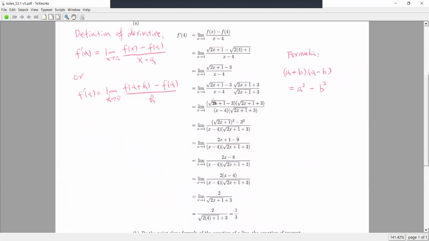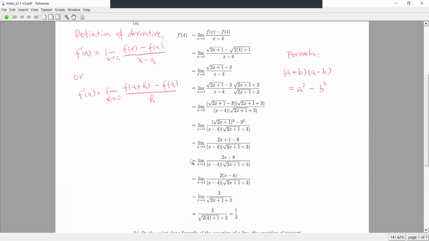Now, for the product in the numerator, I can apply this formula. A minus b times a plus b is a square minus b square. Cancel square root and square, then we have this equation. 1 minus 9 is negative 8.